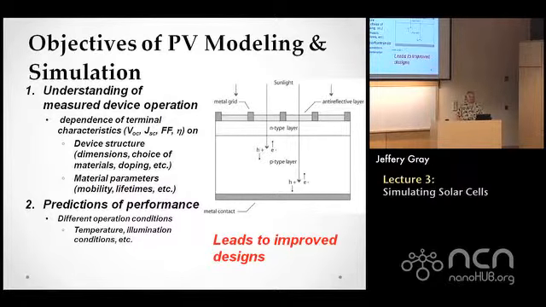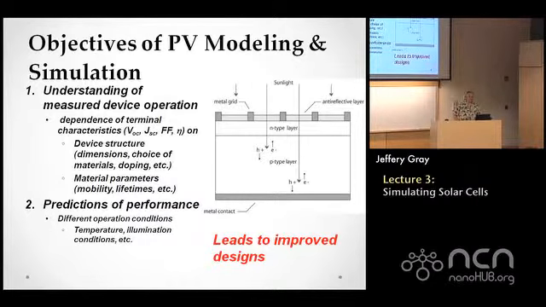And we'd like to know, how do the device design or the device structure choices affect those figures of merit? Things that go into that are the size and dimensions of the device, thickness of the layers, the doping of the emitter compared to the doping in the base layer, whether we put window layers on it or not, all sorts of things like that.